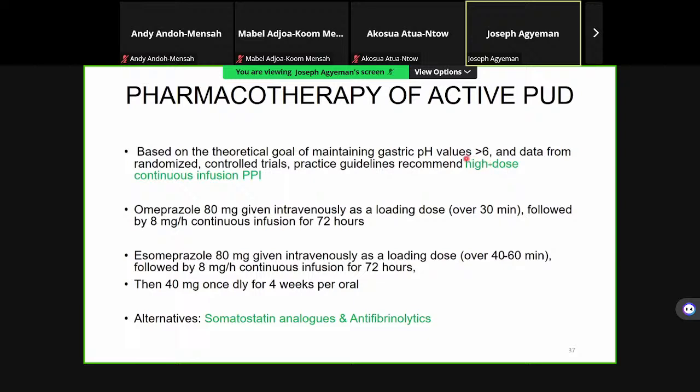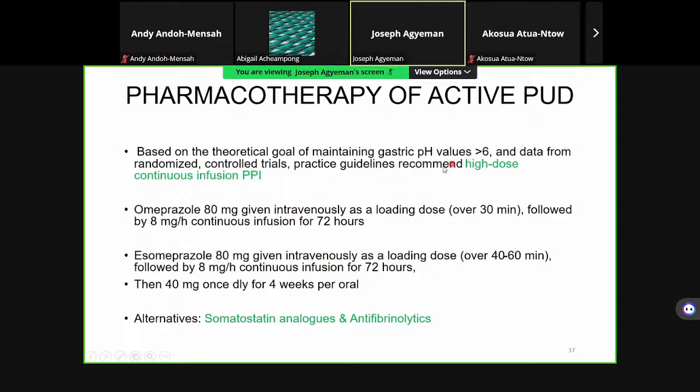If you're able to keep the pH above 6, such pH is able to stabilize the clot on top of the wound, and hence it prevents it from dislodging to cause further bleeding. So if increasing the pH to above 6 can do this, then PPIs can help manage bleeding, because PPIs can increase the pH of your GIT. If it is very effective, it can increase it above 6. And above 6, we claim that it will stabilize the clot that is formed on top of the wound, and that helps to prevent further bleeding.